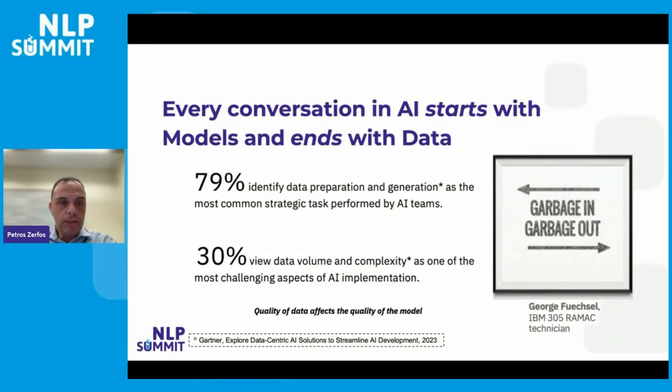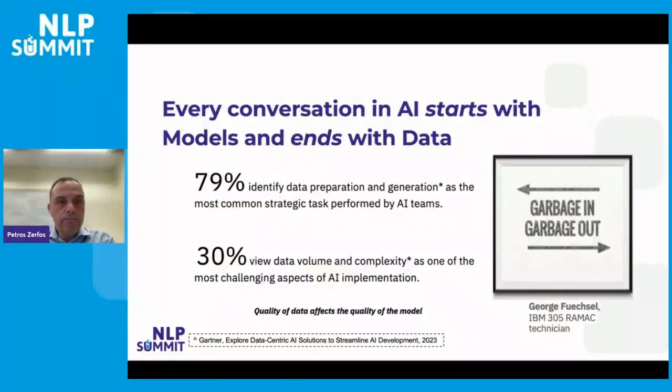No surprise that in a recent study by Gartner last year, 79% of participants identified data preparation and generation as the most common strategic tasks performed by the AI teams of the companies interviewed, which means that the teams were not spending as much time on the models, but a whole lot of time on preparing the data for these models.